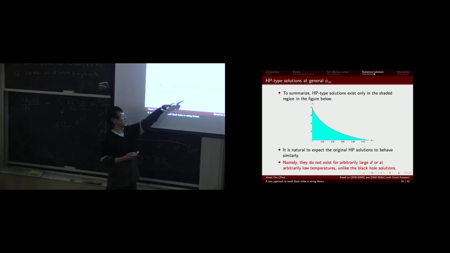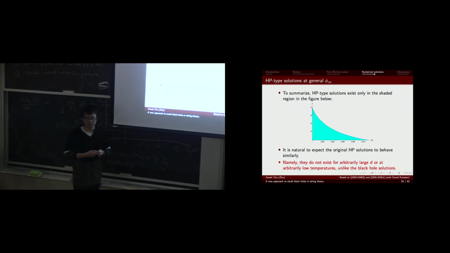So large phi infinity means large beta or low temperature. But by the way, let me point out that this is unlike black hole solutions, which of course exist at any d and arbitrarily low temperature. So it sounds like the Horowitz-Polchinski solution is not related to black holes. So why did I waste 1 hour talking about this Horowitz-Polchinski problem?